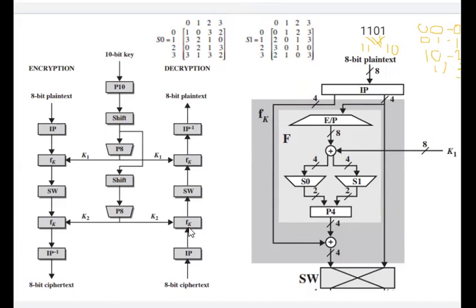While doing decryption, while unfolding the gift, you have to operate on the outer round first, right? And then the inner round. So in the same way, the Feistel structure with K2 we have to do, then the swap operation, then the Feistel structure with K1 we have to do, and then IP inverse will give you the 8 bit plain text back. So that is all about this particular simplified DES.